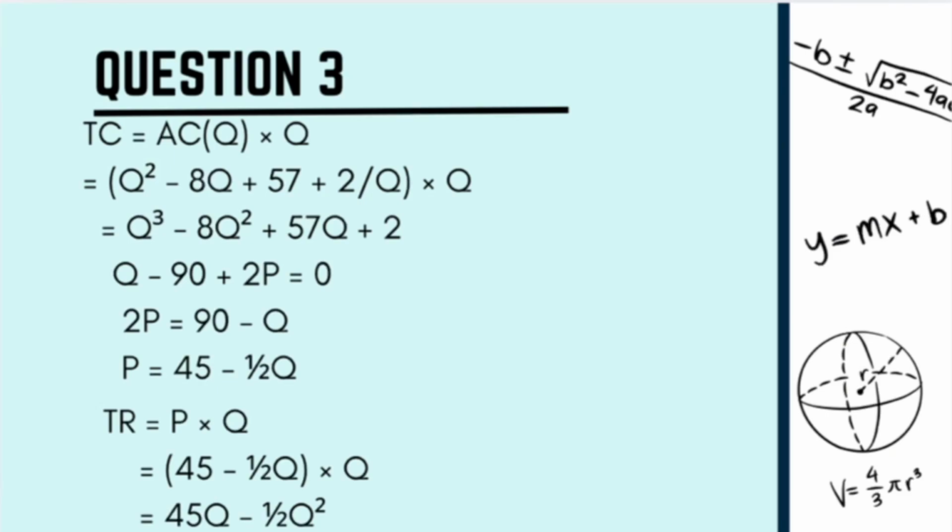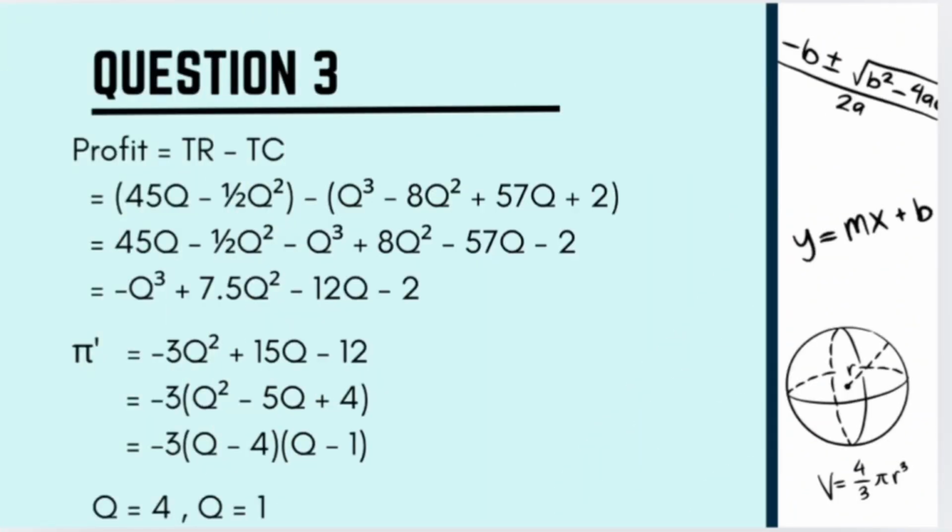From the demand function, we rearrange the equation to obtain the price function, where P equals 45 minus 1 half Q. Using this price function, total revenue is calculated as price multiplied by quantity, resulting in 45Q minus 1 half Q squared. Next, we find the profit function by subtracting total cost from total revenue. This gives P equals minus Q cubed plus 7.5Q squared minus 12Q minus 2.